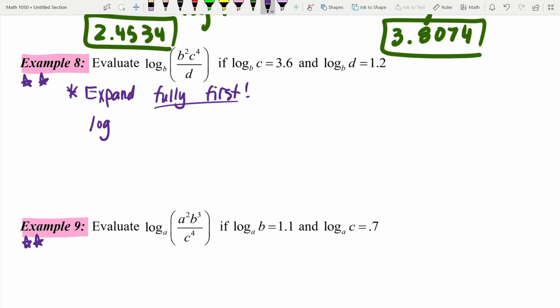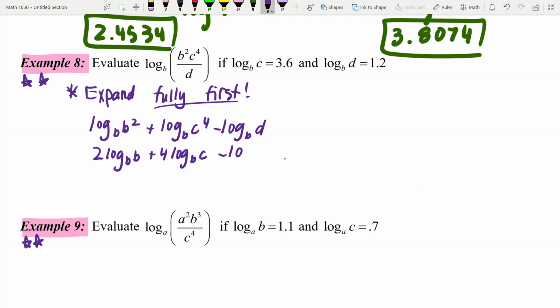So I'm going to go log base b of b squared plus log base b of c to the 4th minus log base b of d. Is that fully expanded? Is it yes or no? Sorry. It is not. What do I have to do? My exponents. So I have 2 times log base b of b plus 4 times log base b of c minus log base b of d.